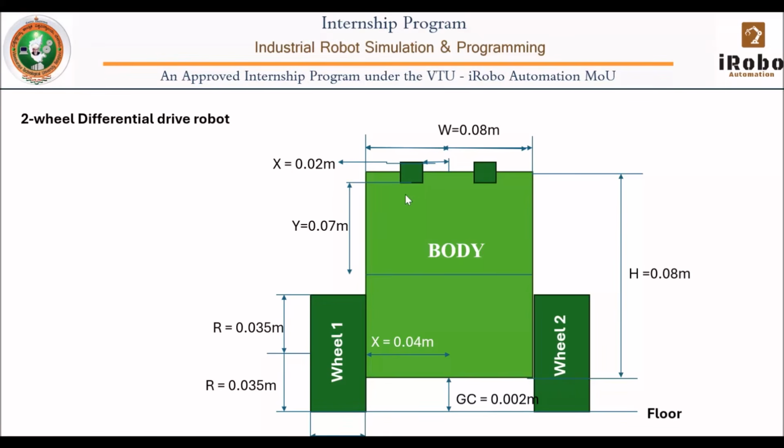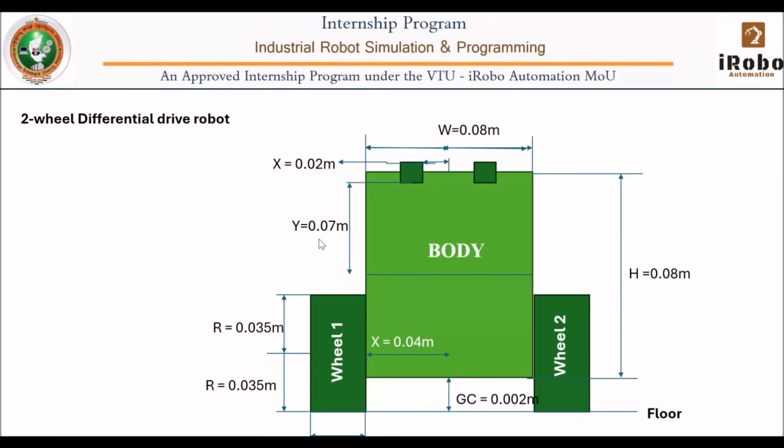And some sensors also we are going to use. So this is called the two eyes, you can say. See, the sensor position from the body center is 0.07 meters. Okay, and then, actually, from the center we can say it is less than 0.04.